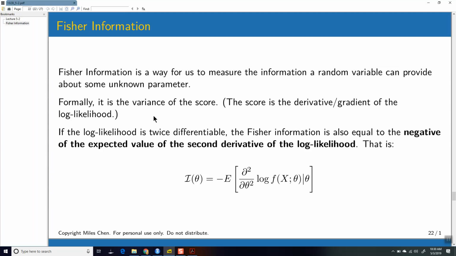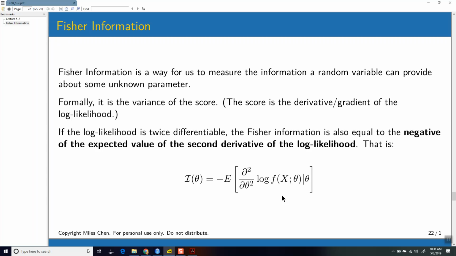Here, I'll take the version that we're using: if the log likelihood is twice differentiable and certain conditions are met, then we can say that the Fisher information is also equal to the negative of the expected value of the second derivative of the log likelihood. Okay, so this gets a little bit convoluted, because here we were just talking about the second derivative of the log likelihood, and that made sense.